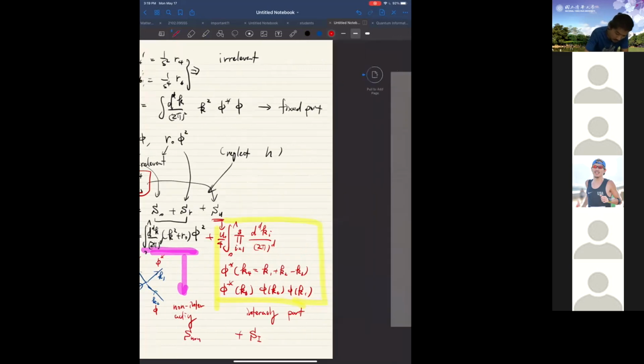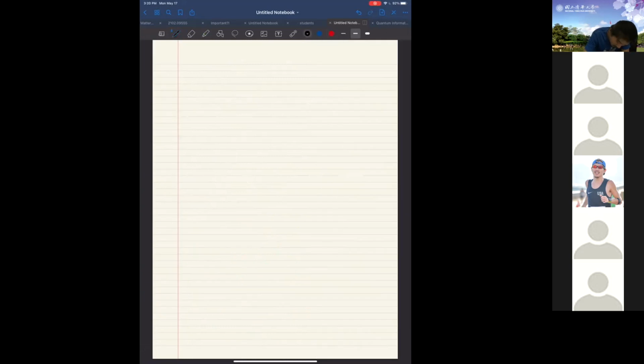Okay, so same as before, we split the field into the fast and the slow modes. And then of course your action will contain the interactions between the fast and the slow modes in the presence of this phi to the fourth term. So you basically end up with an action that only contains the slow modes, an action that only contains the fast modes, which of course is the non-interacting part of your theory.